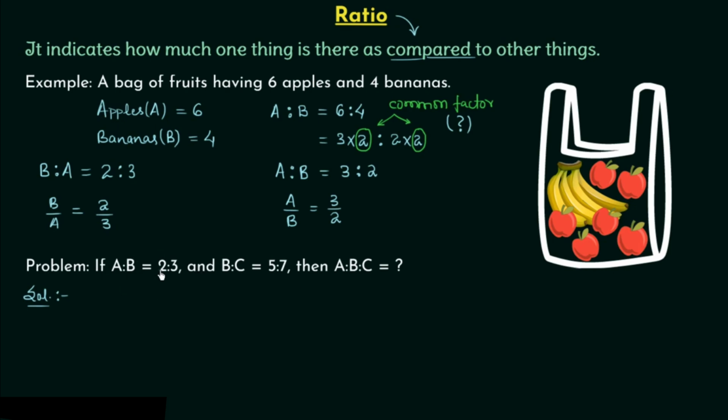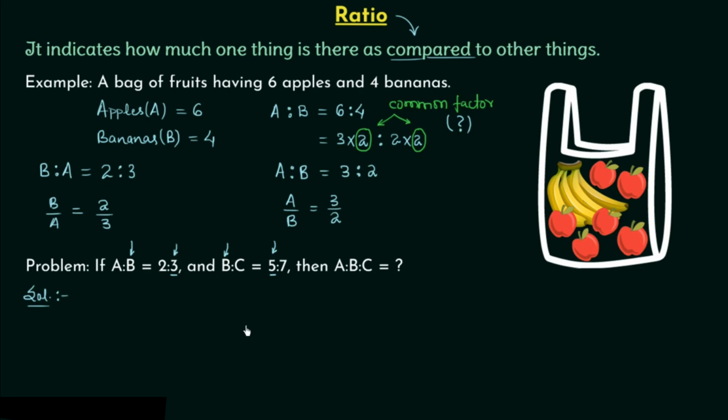In the first ratio, we have A and B. In the second ratio, we have B and C. So we can see that we have B common in the two ratios, and B in the first ratio is 3, and B in the second ratio is 5, and 3 is not equal to 5. Therefore, we cannot write down A ratio B ratio C directly.